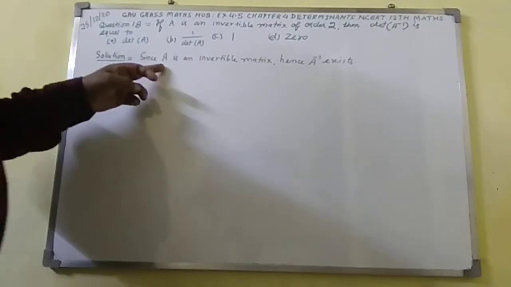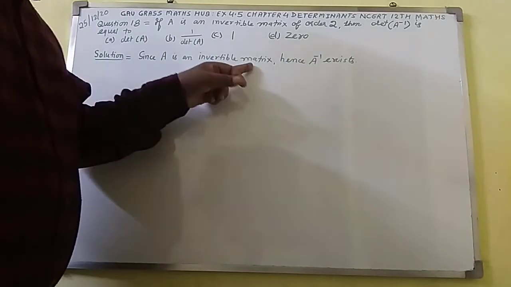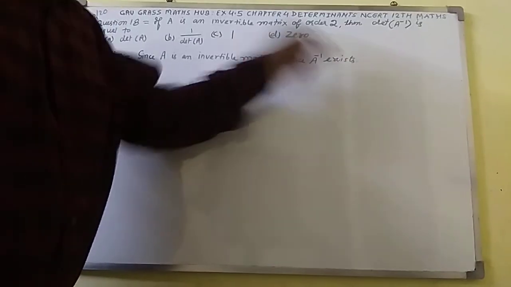Since A is an invertible matrix, hence A inverse exists.